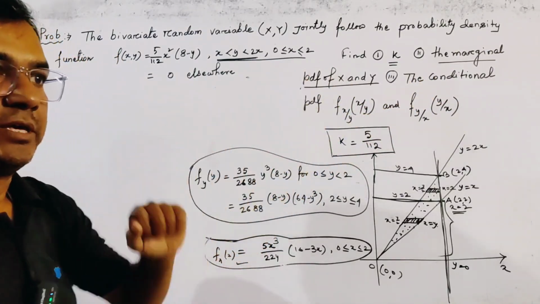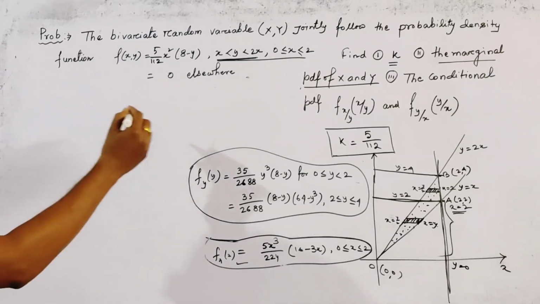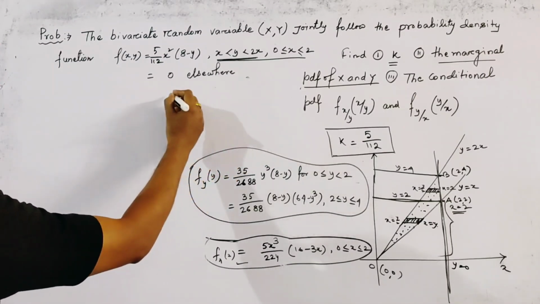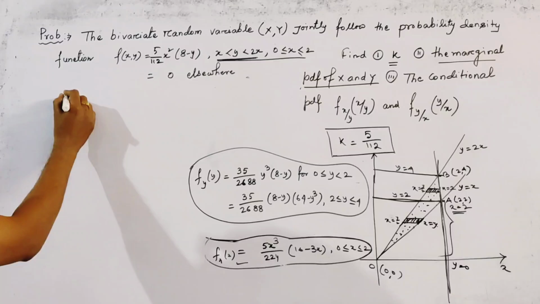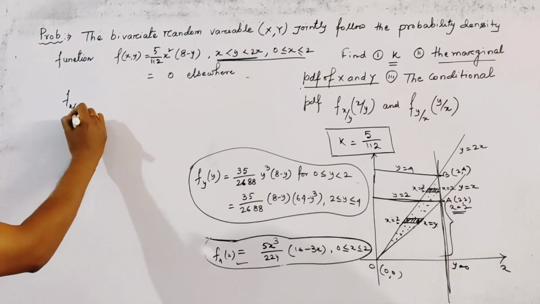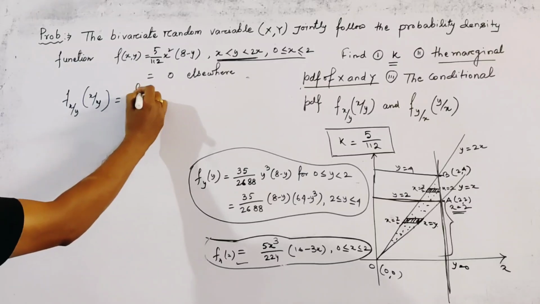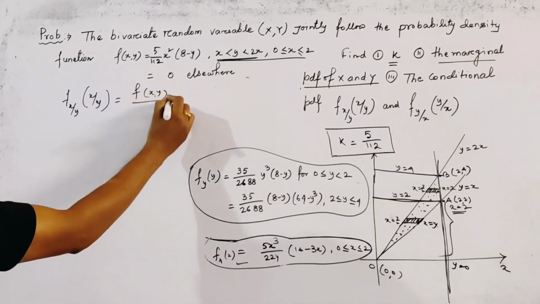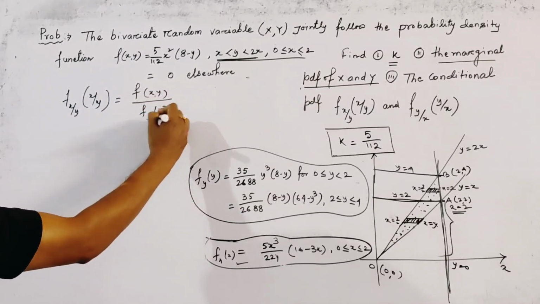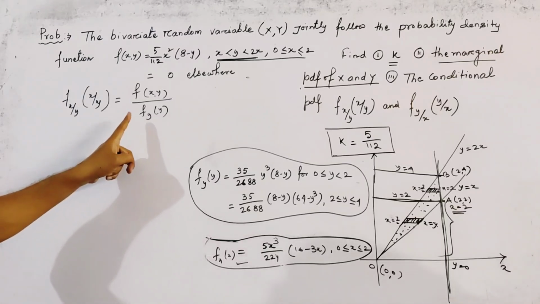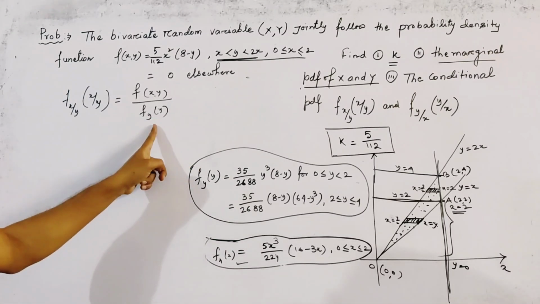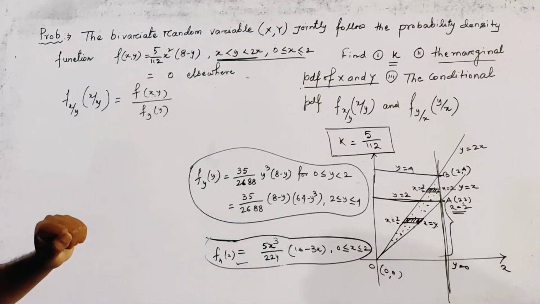of x given y. Okay, now the definition of conditional PDF of x given y, that is we write here, this is f of x given y, which is given by f_XY by f_Y. Now our marginal PDF of y is in two ranges.